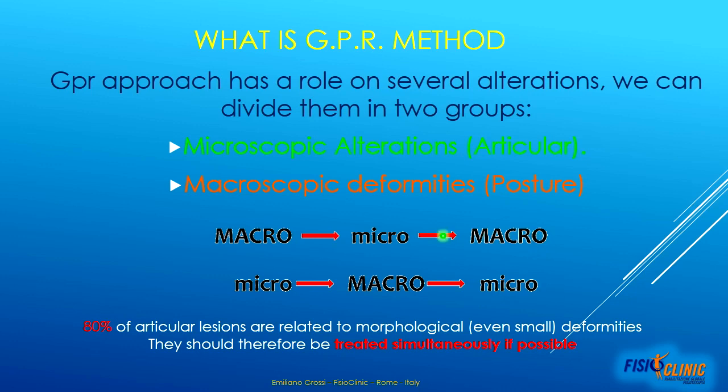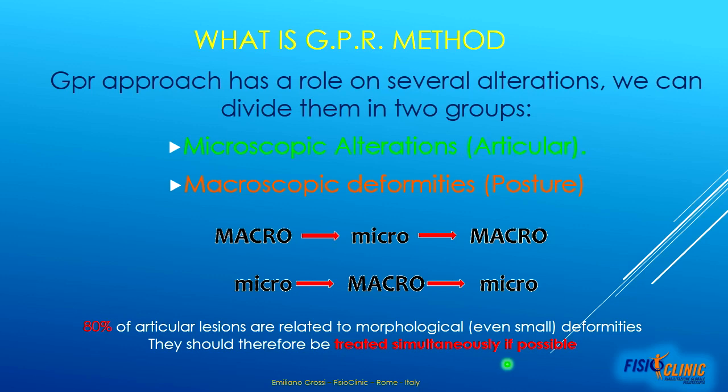So we can understand that there is a both-way relationship between those two kinds of alterations. And the idea after that was, if it's true that those two are related, organizing themselves in a coordinated way in pathology, can we treat them together?